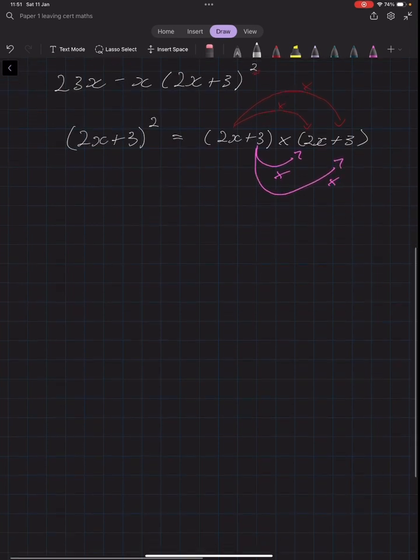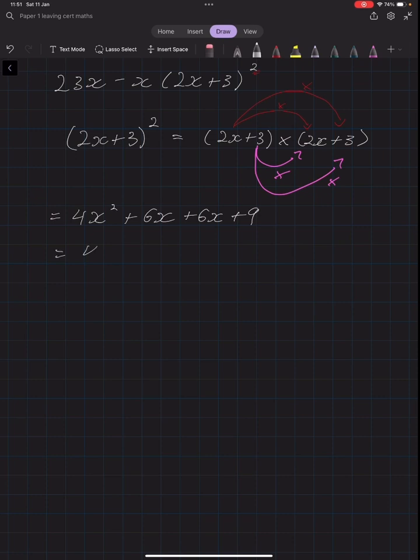Okay? So 2 times 2 is 4. x times x is x squared. 2x times 3 is plus 6x. 3 times 2x is plus 6x. And then 3 times 3 is plus 9. Alright?